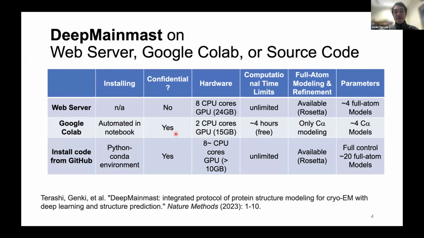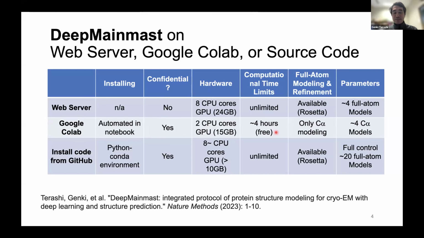From the hardware point of view, it has only 2 CPU cores, so it's much slower than the web server. And there's also a limitation of the GPU memory space. It has only 15 GB. Another limitation is that it's a free platform, but you can use the DeepMainMast program on Google Cloud for up to 4 hours.